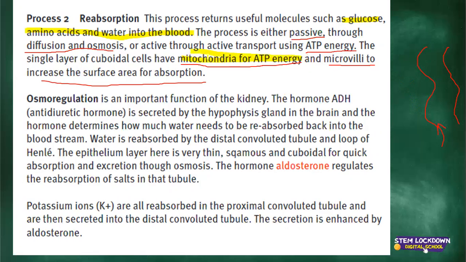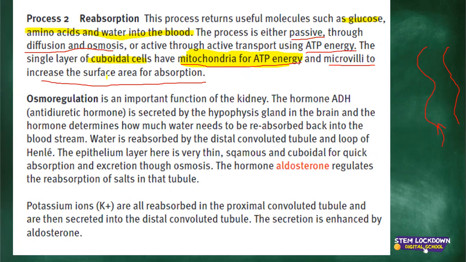Why am I mentioning cellular respiration? Because one of the products there is ATP energy, right? So the cuboidal cells have that mitochondria for the purposes of having that energy, ATP energy, to assist during that active transport.